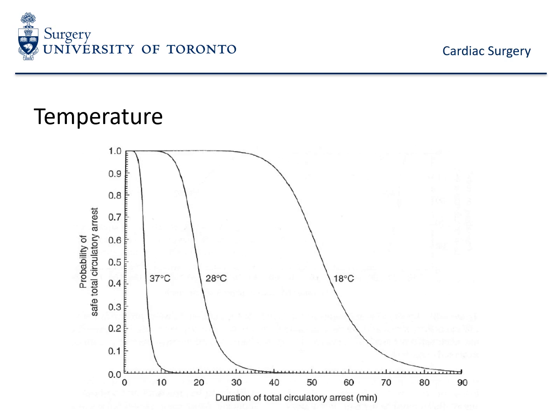So the deeper your hypothermia, the longer the duration of safe total circulatory arrest time. But I want to emphasize that that is total circulatory arrest time. With the addition of cerebral perfusion, you can actually lengthen the duration of safe systemic circulatory arrest time.